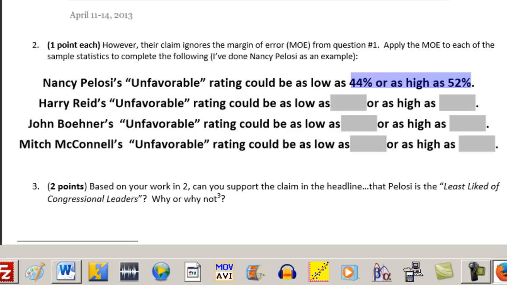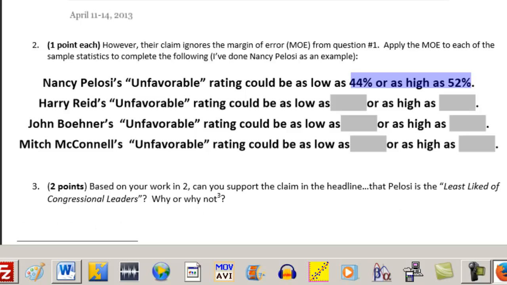I mean, yeah, 48 is a higher percentage than 41, but the only way that would be 100% meaningful is if we actually asked every single person in America. As it is, they didn't ask enough people to tell a difference between Boehner and Pelosi. I mean, yeah, it looks like 48 is bigger than 41, but it's not a parameter, it's a statistic. So with the margin of error, you can't say with confidence that Pelosi is the least liked of congressional leaders.